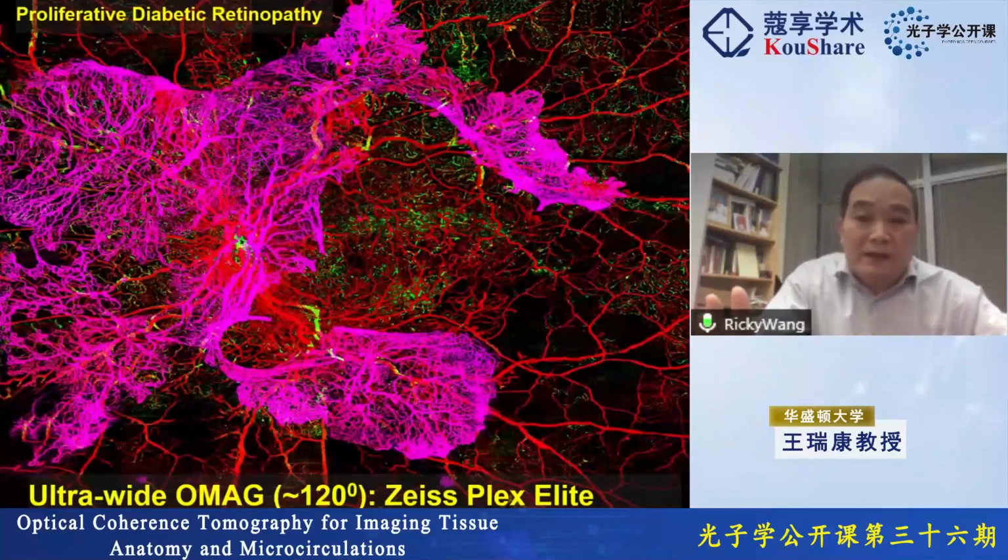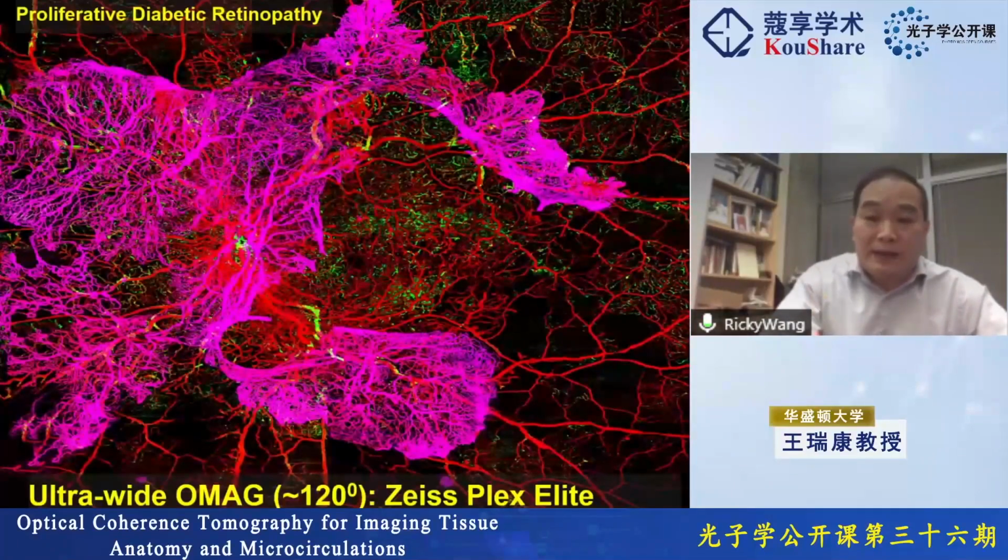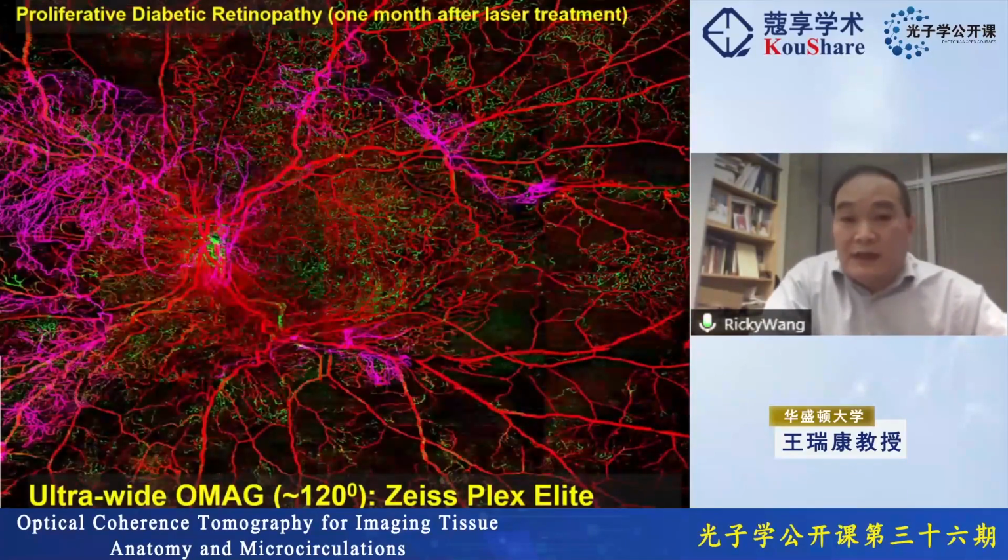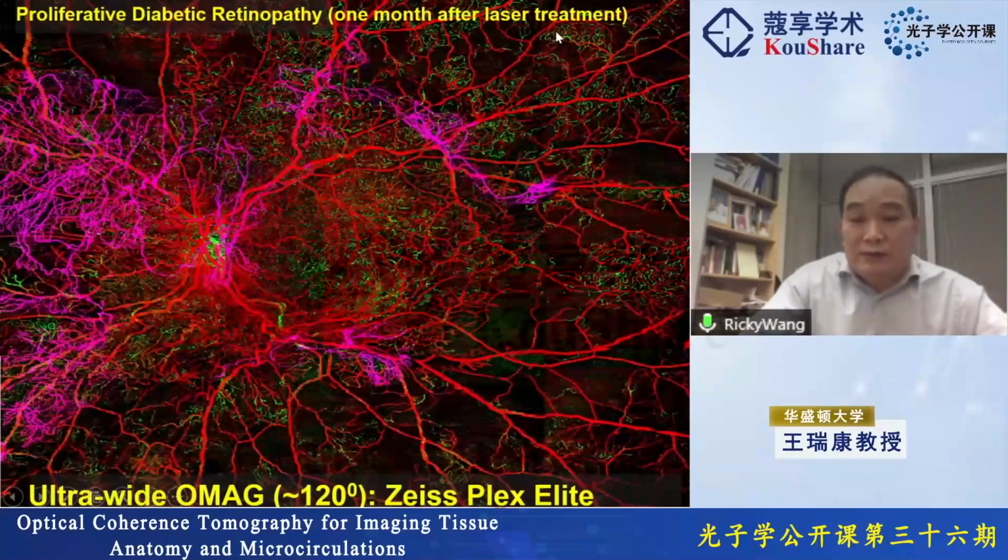If this patient is treated, after a couple of days the patient will come back to be scanned again to see how the treatment goes, right? And so this is the same patient after treatment. I think that's 1 week or 1 month after the laser treatment.